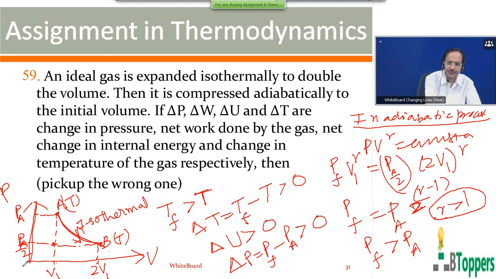So if you want to show this adiabatic process in the PV diagram, the final pressure is PF. Final volume is V1. So you can draw the graph this way.